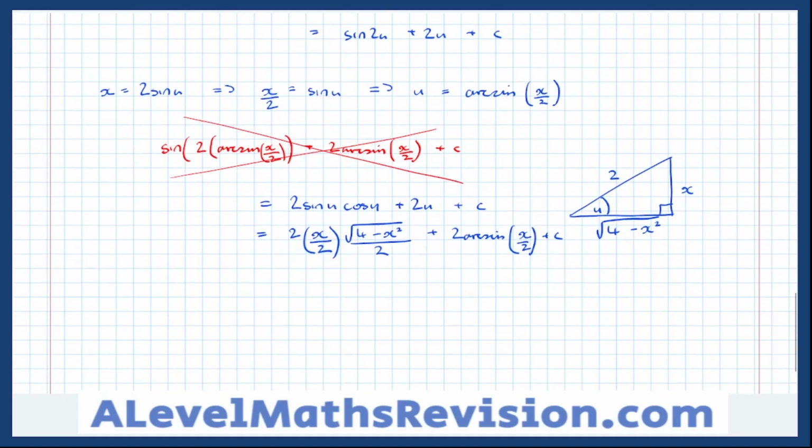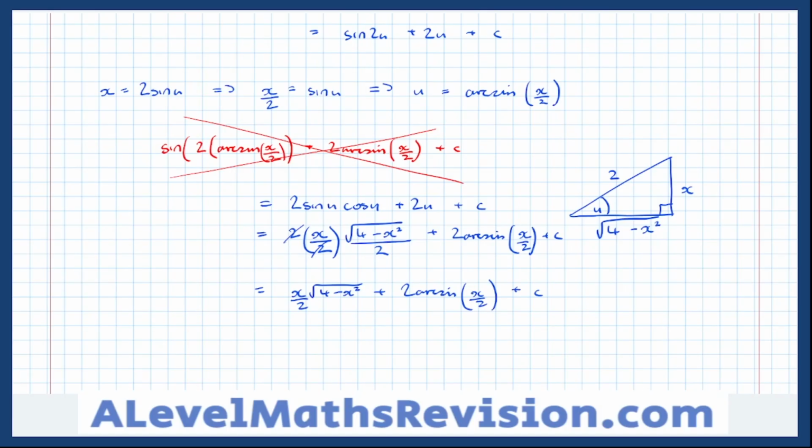Let's simplify that a bit more. Well, 2 divided by 2 is just 1. So I get x over 2 root of 4 minus x squared plus 2 arcsine of x over 2 plus c.